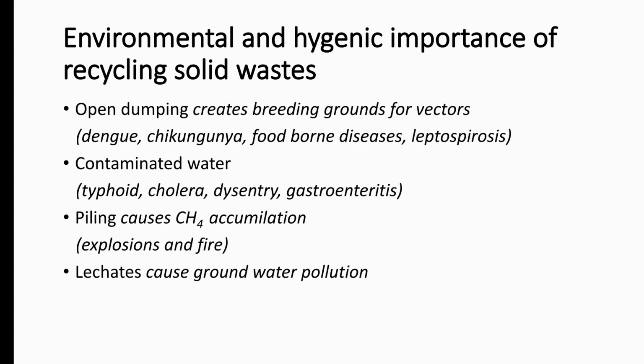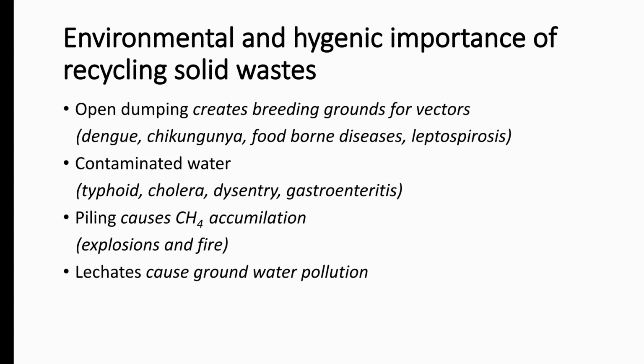Open dumping of solid waste creates breeding ground for insects such as flies, mosquitoes, and animals such as rats. These organisms can act as vectors for various infectious diseases such as chikungunya, foodborne diseases, and leptospirosis.